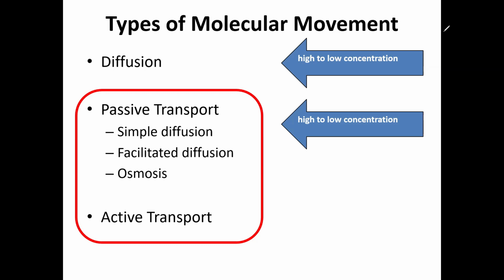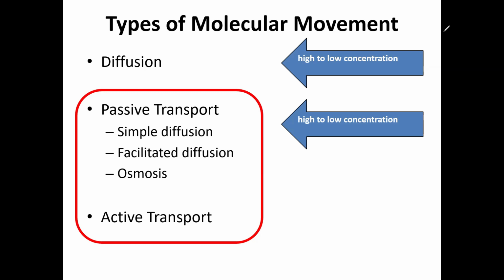So generally, passive transport does not require the use of any energy to transport the molecules across the cell membrane. Under passive transport, that is where we have simple diffusion and facilitated diffusion. Simple diffusion is a movement of molecules from the region of higher concentration to a region of low concentration without the use of energy or protein carrier.